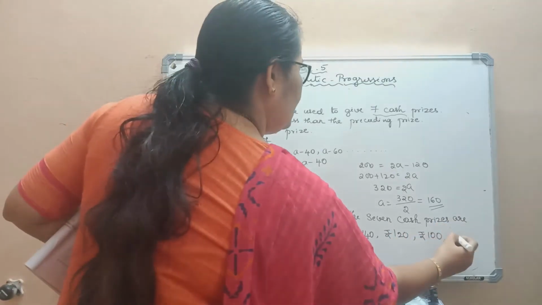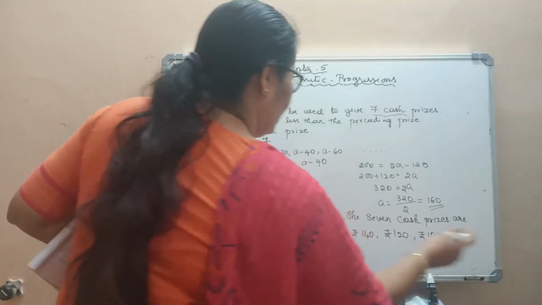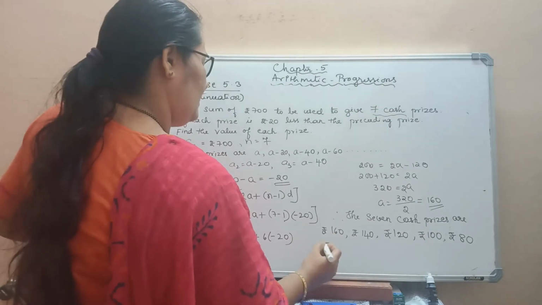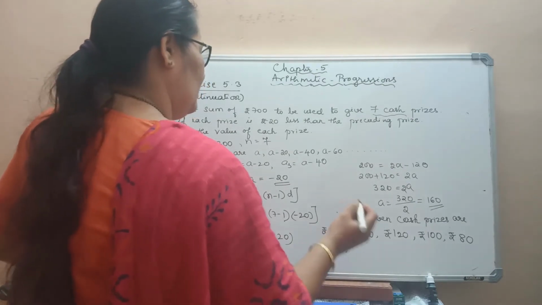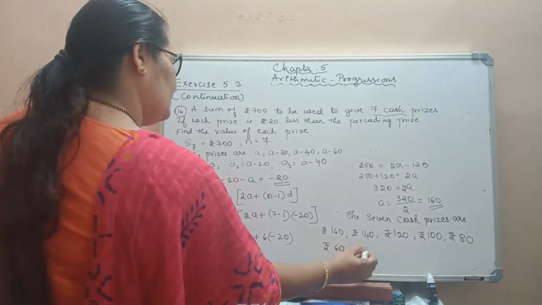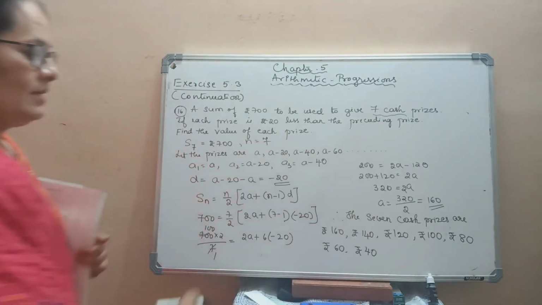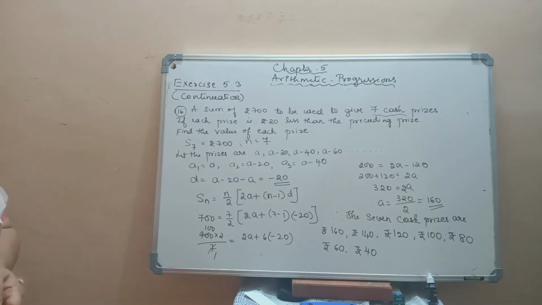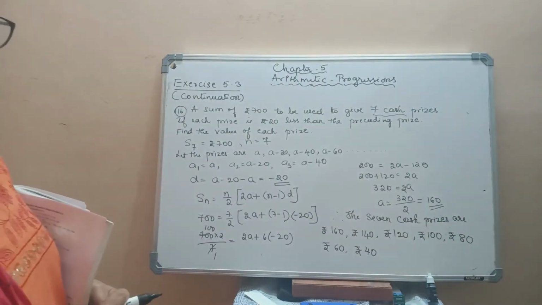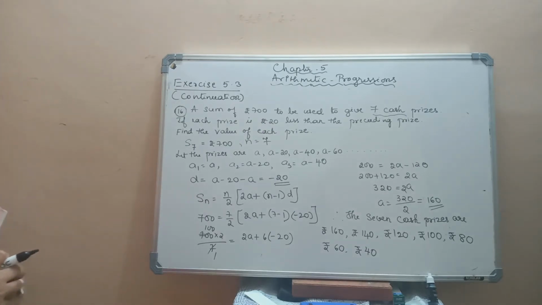Next one is 80. 1, 2, 3, 4, 5. Next one is 60. And the last one is 40 rupees. So the 7 cash prizes are 160 rupees, 140 rupees, 120 rupees, 100 rupees, 80 rupees, 60 rupees and 40 rupees.